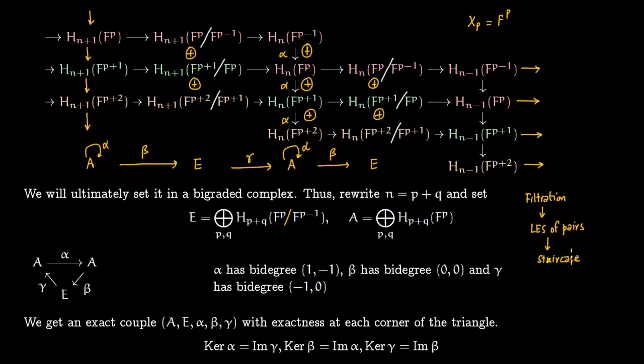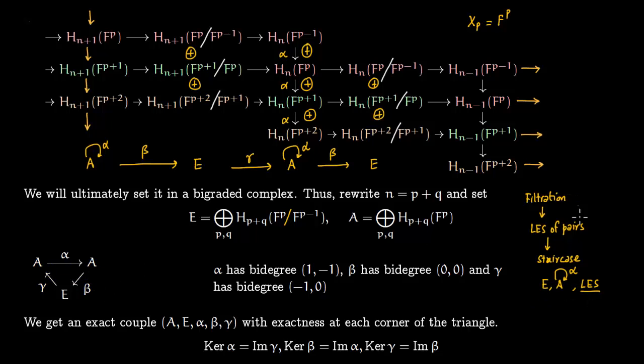Once you have the staircase diagram, then you have just two things, E and A, two modules alternating: E, A, E, A. But you can distinguish them because A will have a map within itself, which is alpha, and E is connected to A via the long exact sequence. The other two things in the long exact sequence are the map going from E to A and the map coming into E. So these are beta and gamma.